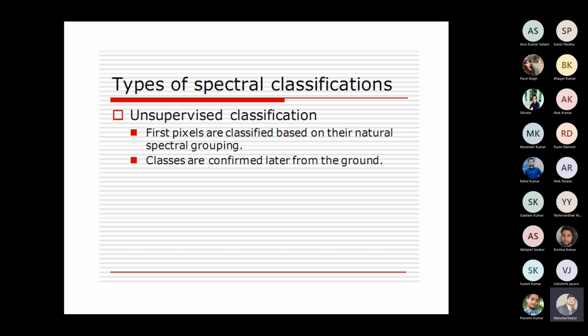In unsupervised classification, we don't have training samples. By statistical analysis, natural grouping is performed on the basis of similarity in digital numbers for various objects. The clusters are generated, and finally those clusters are assigned to a class.